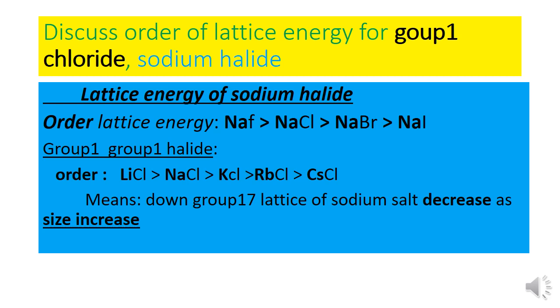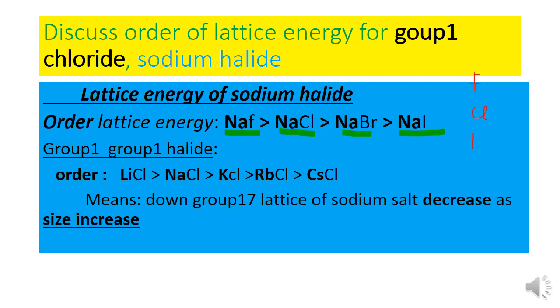Discuss the order of lattice energy for group 1 chlorides and sodium halides. For example, we have sodium fluoride, sodium chloride, sodium bromide, and sodium iodide. You see the order of lattice energy as the size increases. Here we are going to compare the size of the halogens.